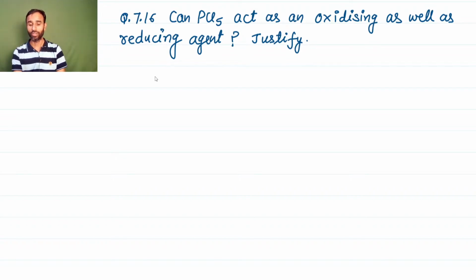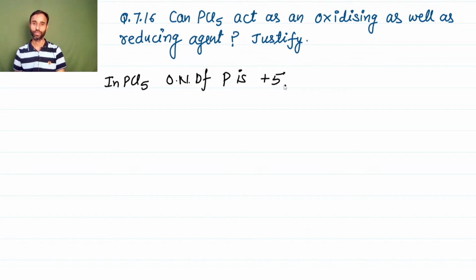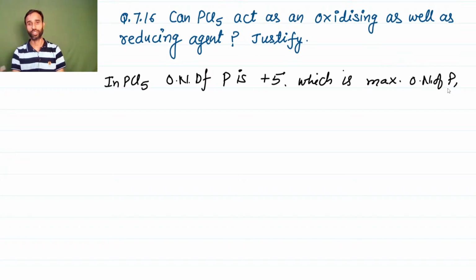So see, in PCl5, what is the oxidation number of phosphorus? In PCl5, the oxidation number of phosphorus is +5. So you know, phosphorus can show a maximum oxidation number of +5. It cannot show more than that, which is the maximum oxidation number of phosphorus.